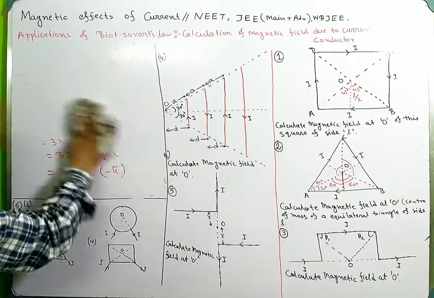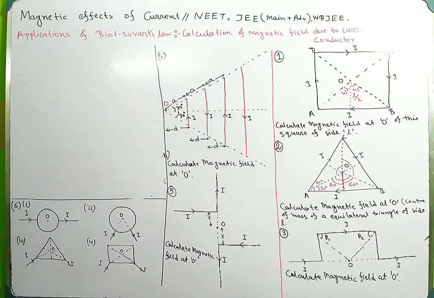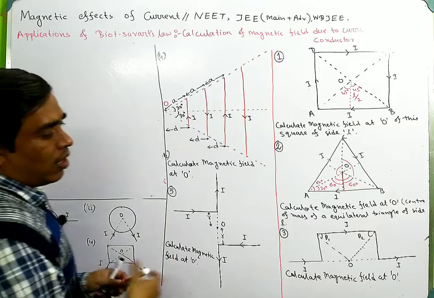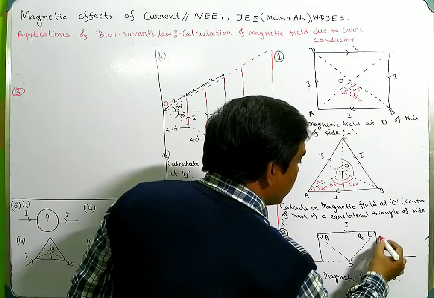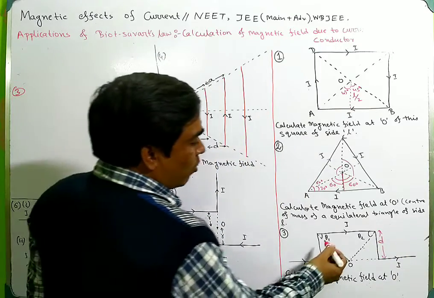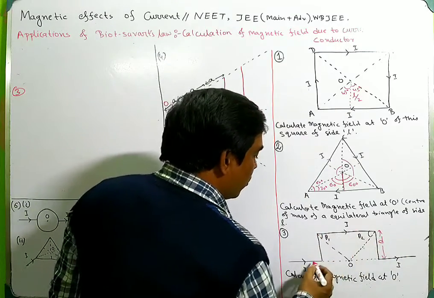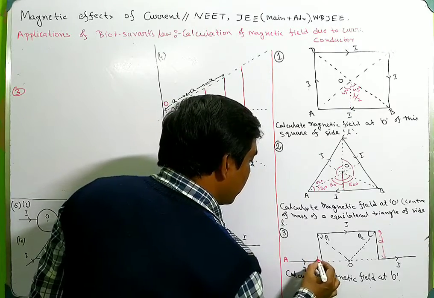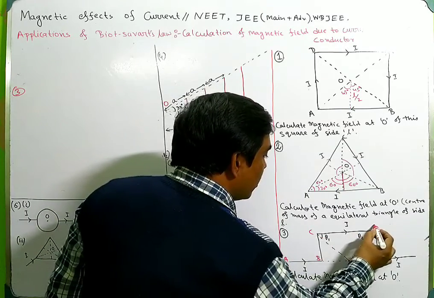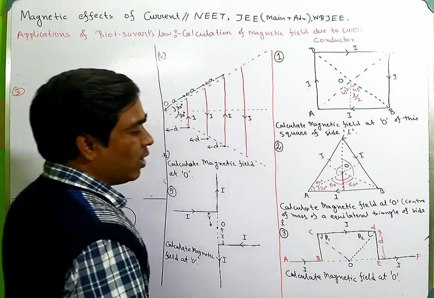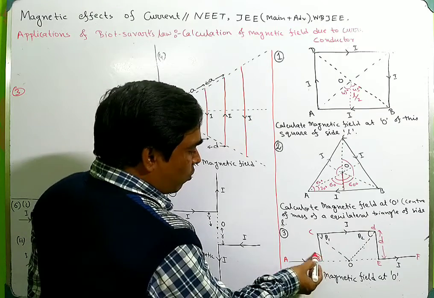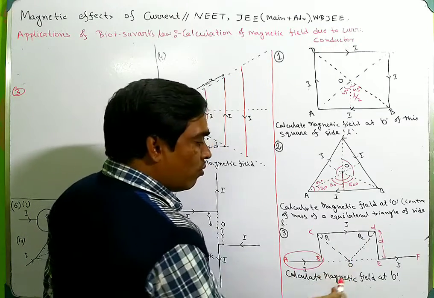Now problem number 3. What will be the solution for problem number 3? For this portion, suppose this is D. So for this region, suppose A, B, C, this is D, E, this is F. For this portion the magnetic field at O equals 0.